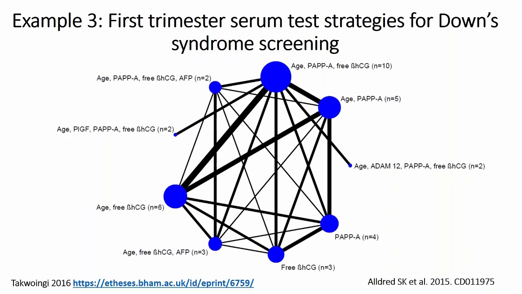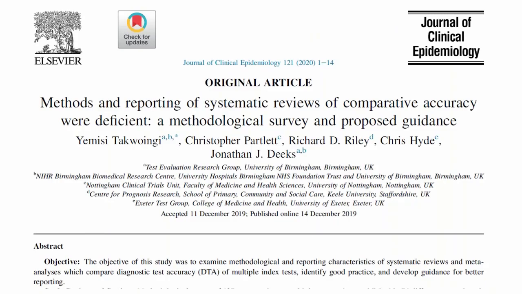Our main analysis here was based on the test strategy of indirect comparison of the 9 selected test strategies shown in this network. And we also performed pairwise comparisons where that was possible. So I hope the 3 examples give a flavor of what you may encounter in a comparative review.